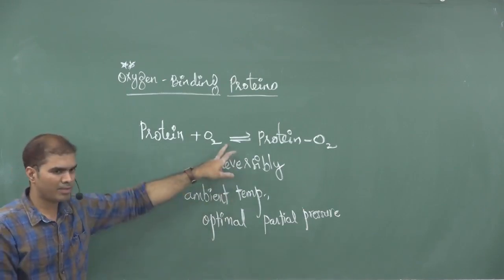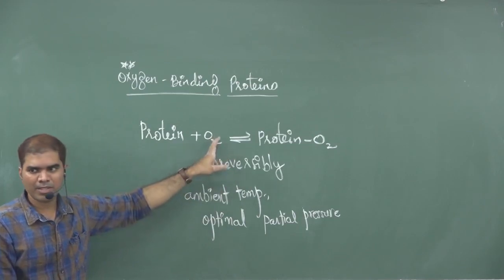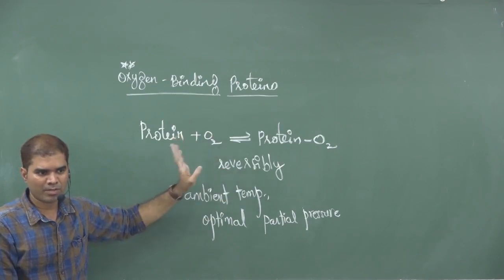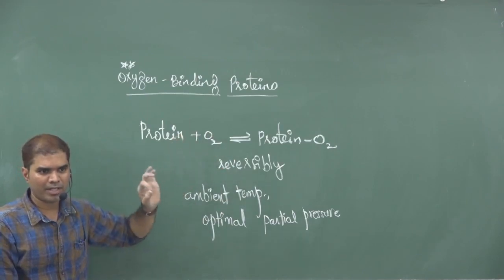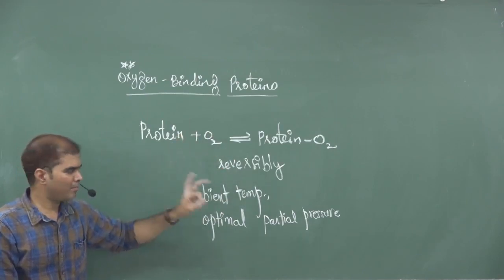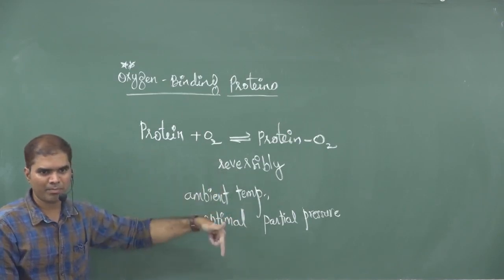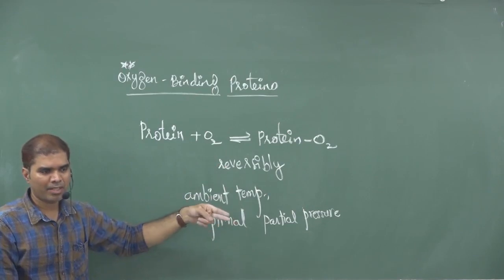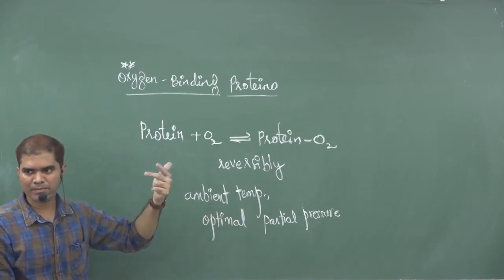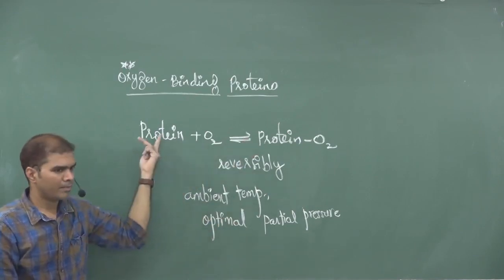But when it comes to dioxygen, dioxygen is non-polar. Therefore bonding is not strong. It is a weak bond, and that bonding is reversible. At one partial pressure it will be binding, at another, lower pressure, it will be unbinding. Even if temperature increases, it will be reversible.